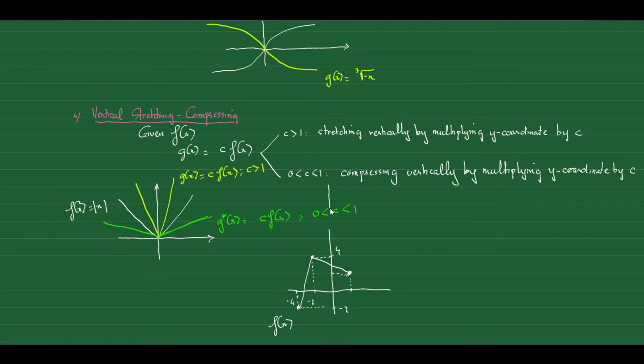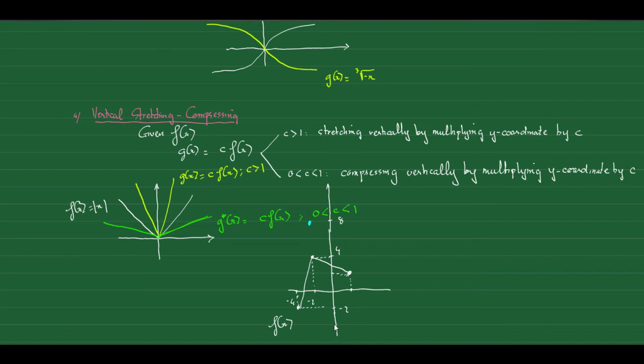I'm sorry, I need to extend this. So become 8. So 1 2 3 4, 8 right here. Okay. Multiply the y component by 2, so they become 8. So my new one will be this. Will be -2 and 8, right? And we multiply by 2, so multiply by 2 will become -4, right?